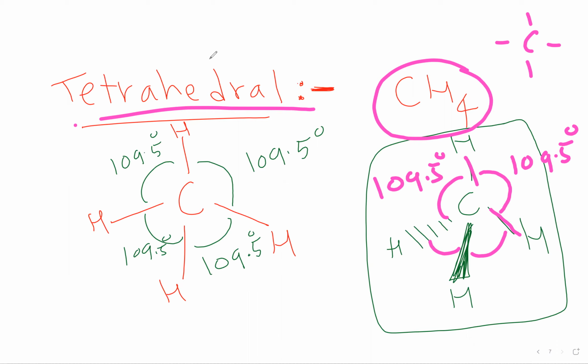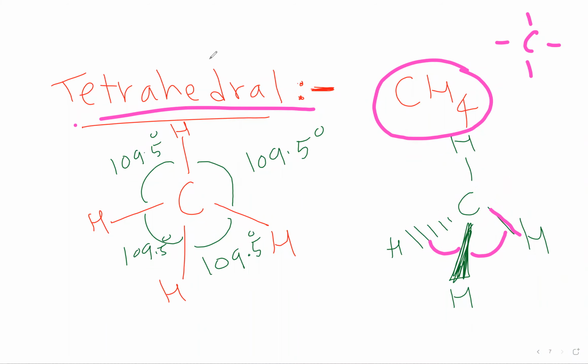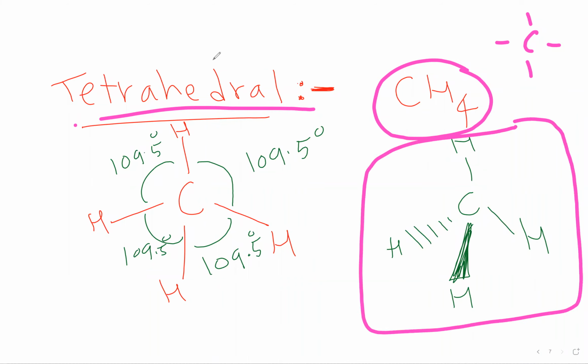Well, let me take off all this. If you look at this structure, I drew a different projection of the methane structure, in which the dark wedge shows that the hydrogen is facing you, and the dotted line shows the hydrogen going towards the back.